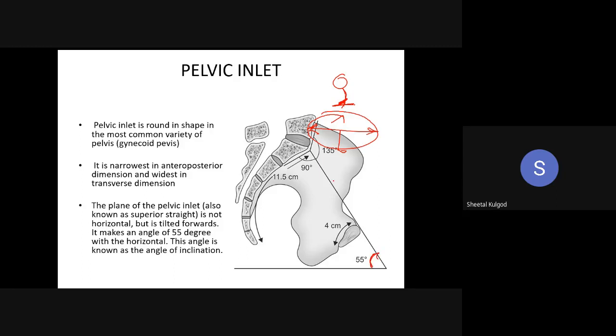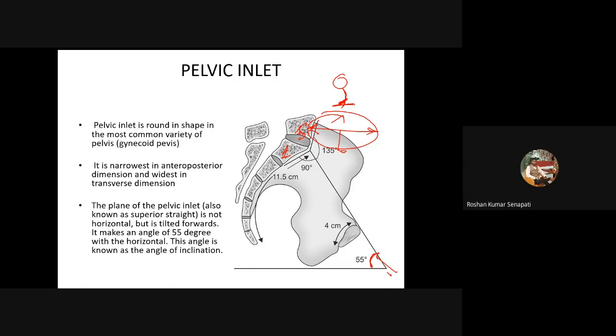So the angle which the plane of the pelvic inlet makes with the horizontal is called the angle of inclination. It's about 55 degrees. How do you calculate this angle of inclination radiographically? This is of obstetric significance. You have to draw a straight line from the junction of the last lumbar vertebra, L5, and the first sacral vertebra, along the pelvic inlet, and compare it with the horizontal.